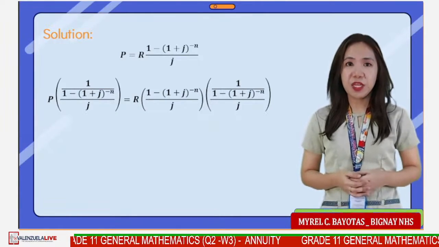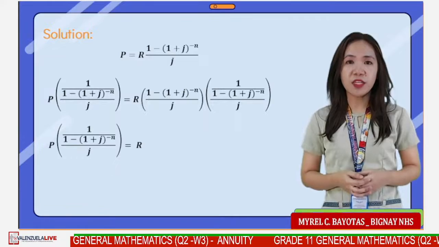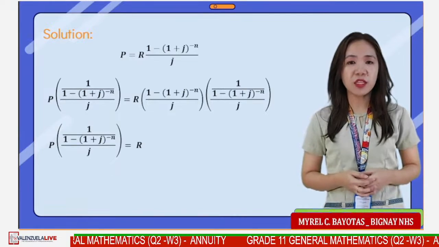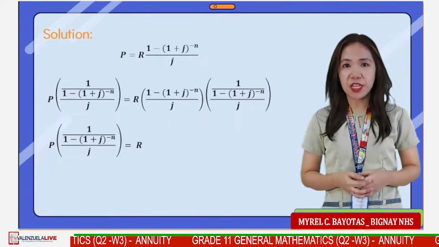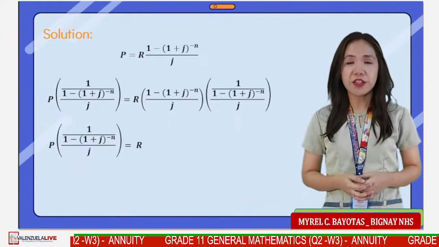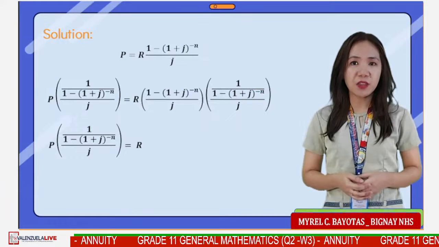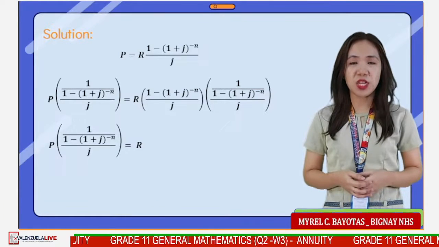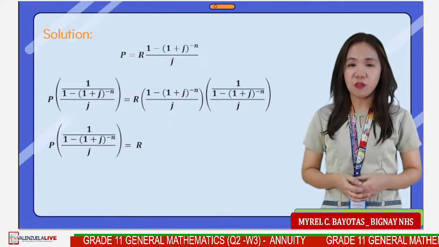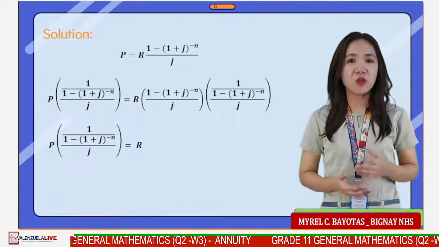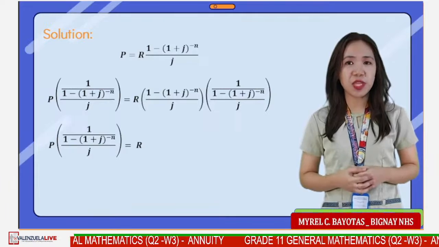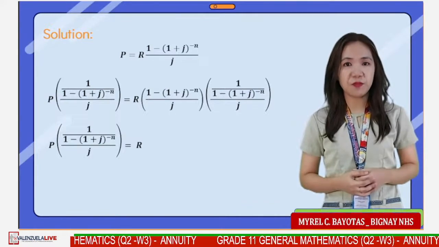That is, P times the quantity of 1 over 1 minus the quantity of 1 plus j raised to negative n all over j equals R times the quantity of 1 minus the quantity of 1 plus j raised to negative n all over j times 1 over 1 minus the quantity of 1 plus j raised to negative n all over j.